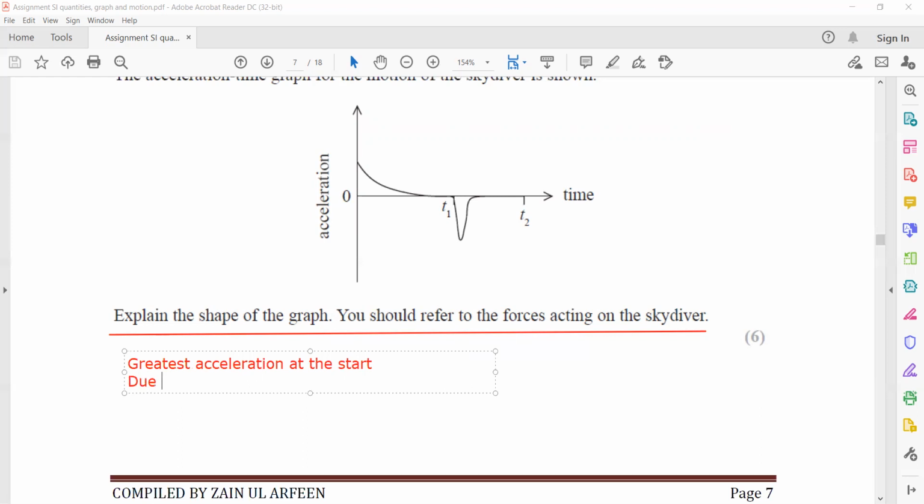Due to acceleration, the velocity will increase, which increases the air resistance, because air resistance and speed are directly proportional. An object moving at a higher speed will experience greater air resistance. So due to acceleration, velocity will increase, which will increase the air resistance.